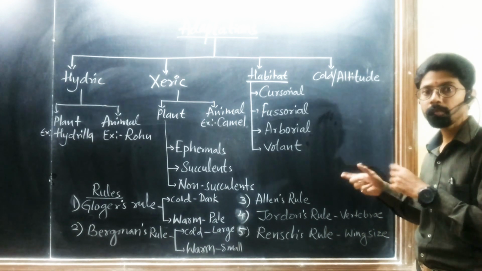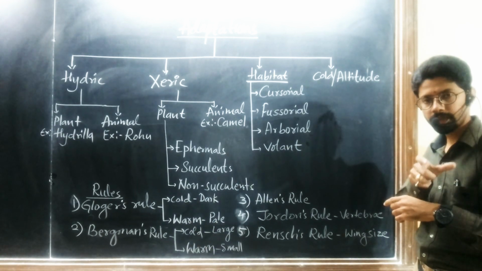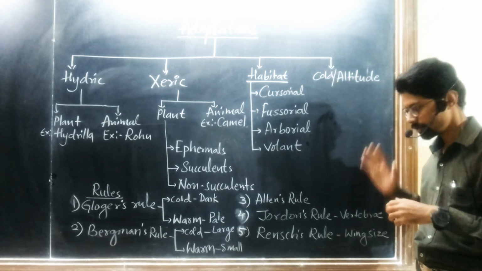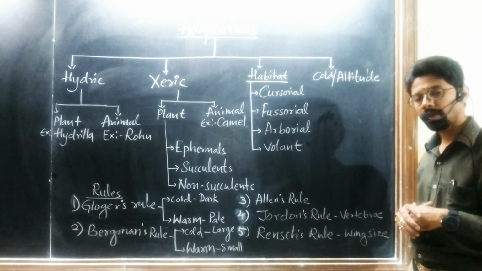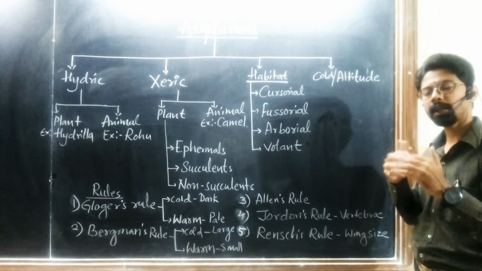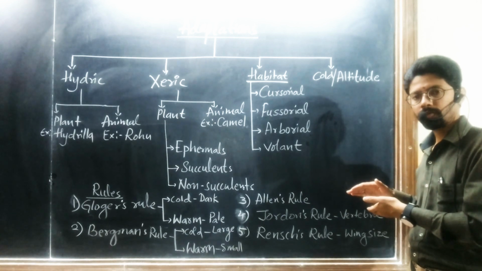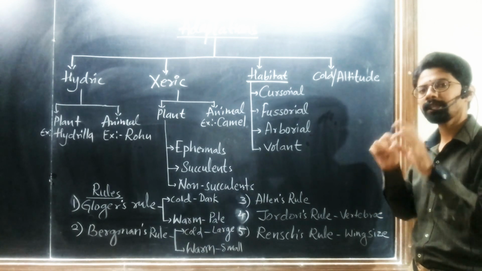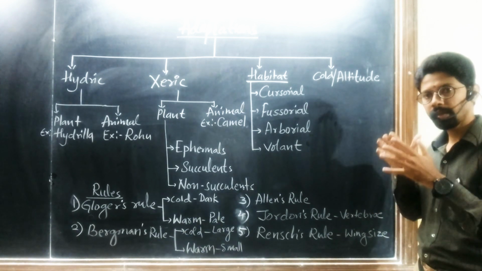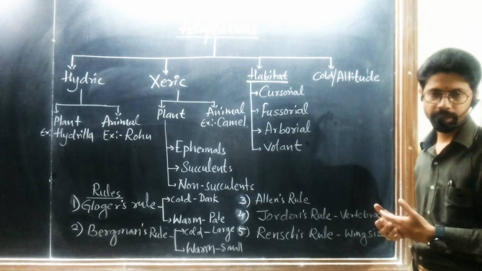That means the number of vertebrae is more in cold habitat fishes compared to warm habitat fishes. That's Jordan's rule. Wrenn's rule is also about the same thing, cold habitat and warm habitat. In cold conditions, according to Wrenn's rule, the wing size of birds is narrow, and birds living in warmer regions have broader wings.